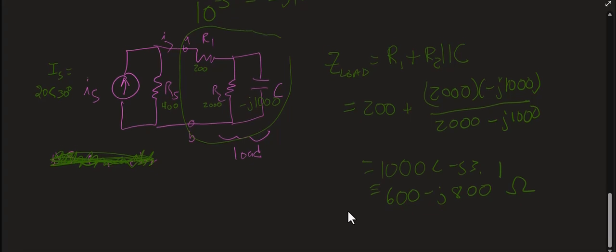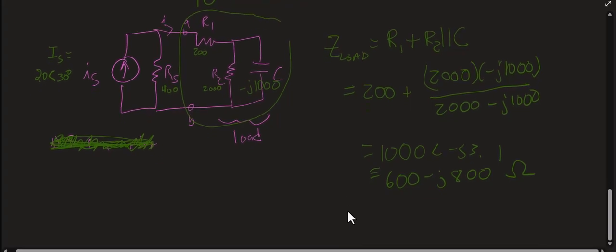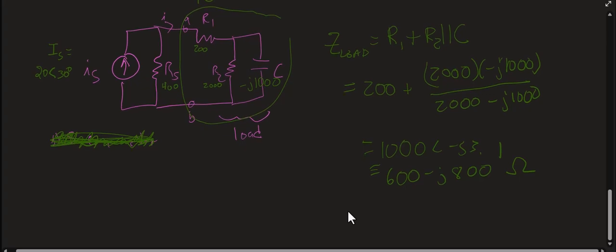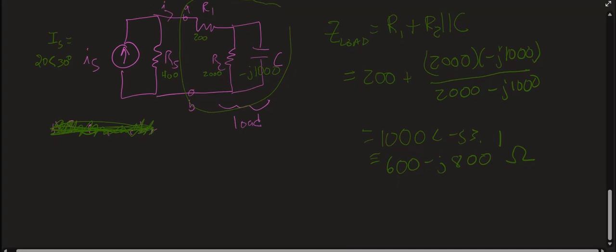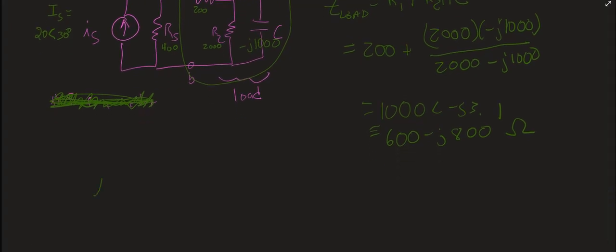Okay, so how am I going to use that? I can use that both in current division and in voltage division to get my V and my I. So for my current division, if y'all recall, if I have this is I, and this is Z1, and this is Z2, and this is I1, and this is I2, I1 equals I times Z2 over Z1 plus Z2.